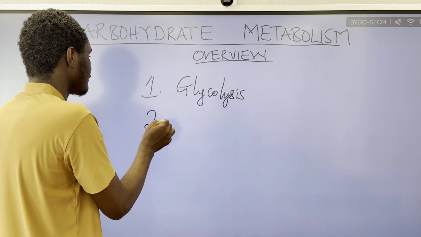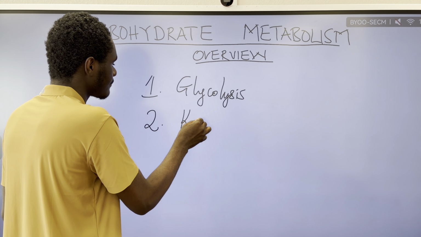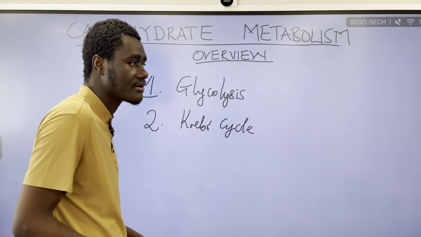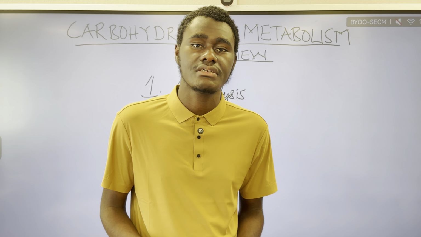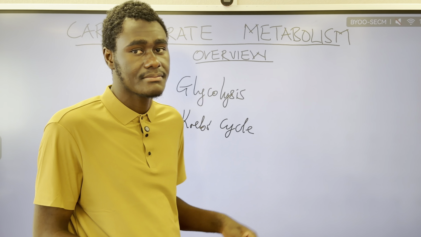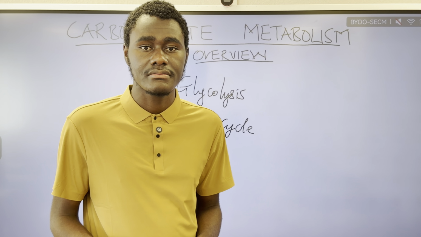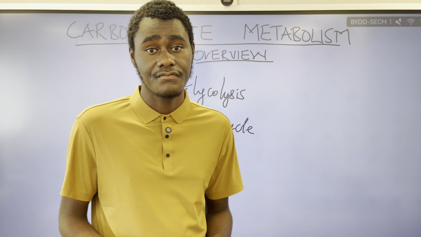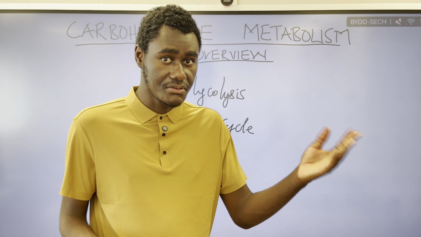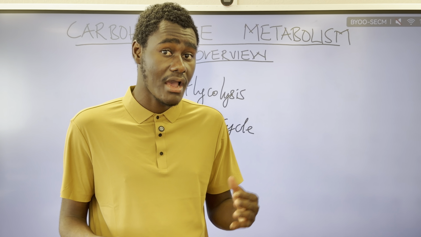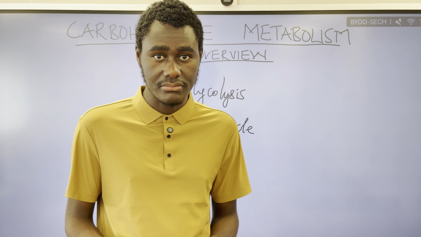Second, we have the Krebs cycle. The Krebs cycle is like a continuation of glycolysis. So both glycolysis and the Krebs cycle are used to provide energy in the form of ATP for our body. When we take in food, we have to digest it, and carbohydrates are the main source of energy in our body.